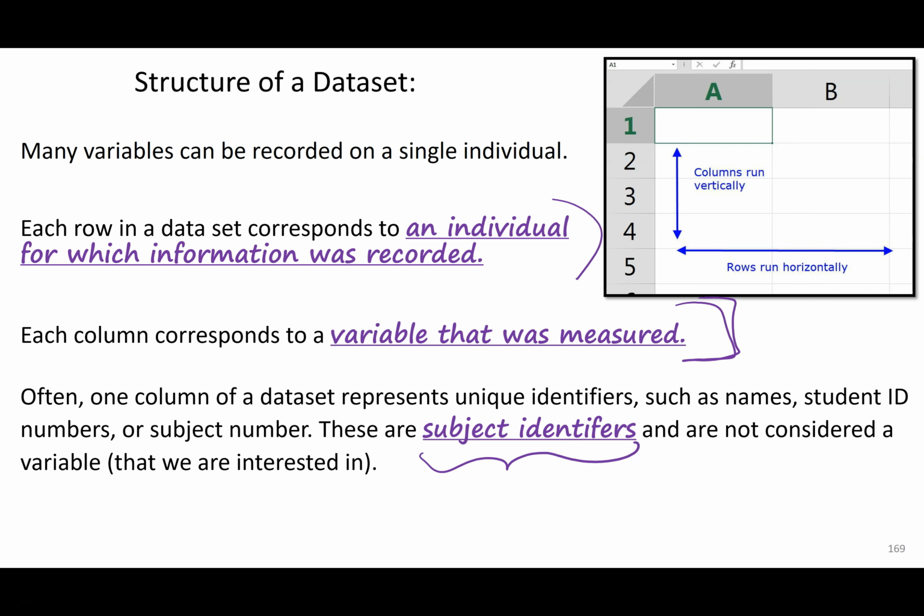They're not actually a variable of interest that we're analyzing, but they are useful because they let us know how many unique individuals are in the data set. It makes sure that I didn't record Joe twice, that kind of thing. It's very easy to accidentally double dip and count people more than one time, and you don't want to do that.